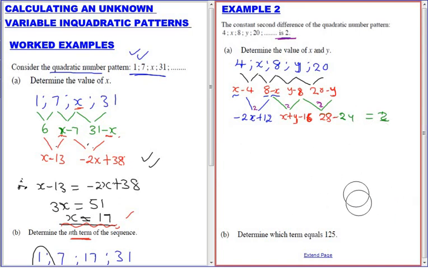If you didn't know that the second difference was 2, you were going to equate these second differences if that part was not given. So how are you going to solve it? You're going to do it this way. For example, you could say minus 2x plus 12 is equal to x plus y minus 16.